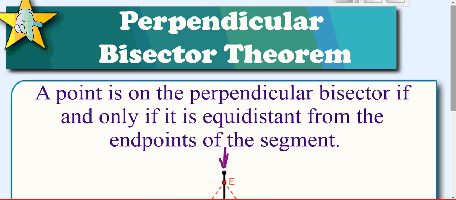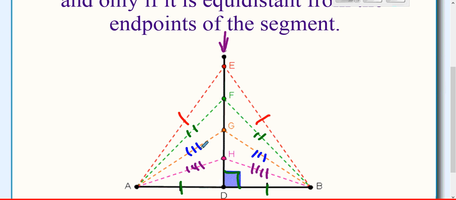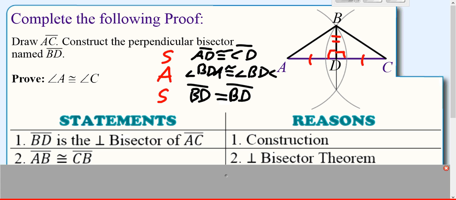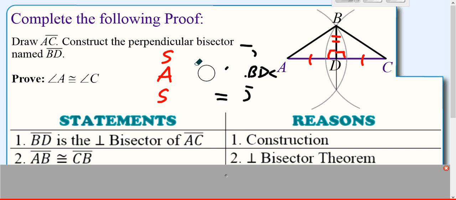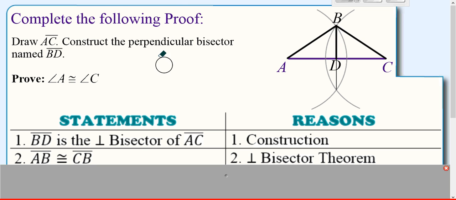If we use that, that's going to tell us that the two sides, the two legs, are congruent. So change that around. There's more than one right answer, more than one right proof. From that perpendicular bisector theorem we just used, those two sides are congruent.